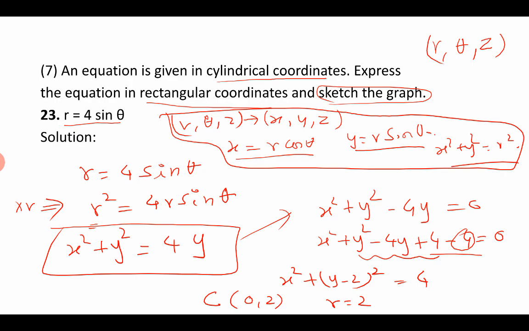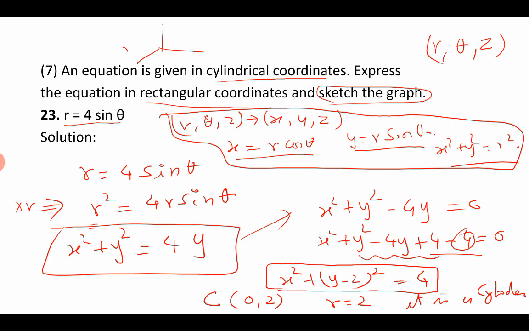But in 3 dimensions it is a cylinder. We are discussing three-dimensional space, so this is not a circle in three-dimensional space. This equation gives the equation of a cylinder whose base is a circle. The graph is attached in this PowerPoint. You can roughly see the graph on the top here, with x, y, z.